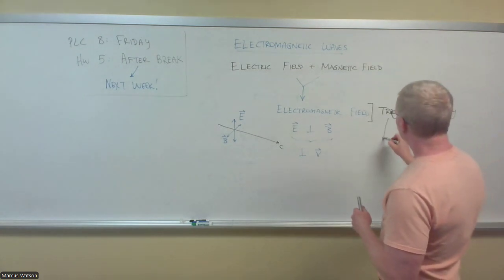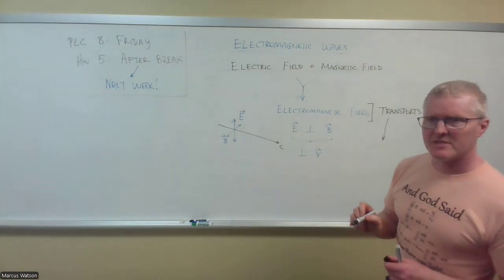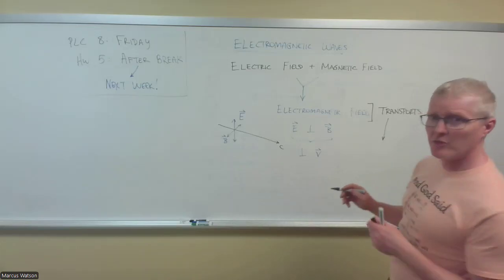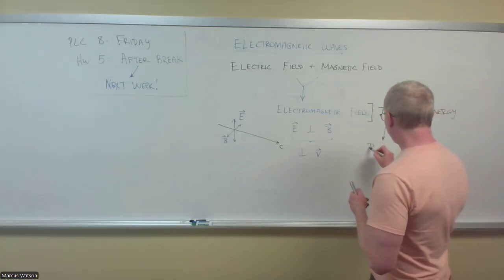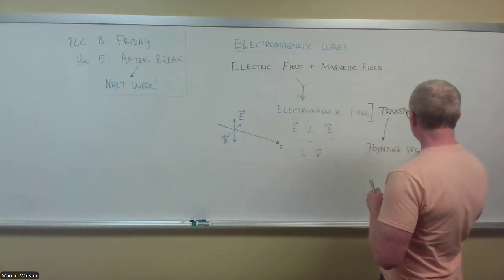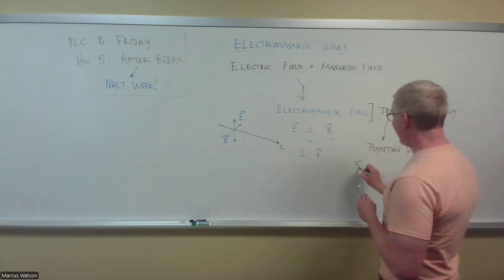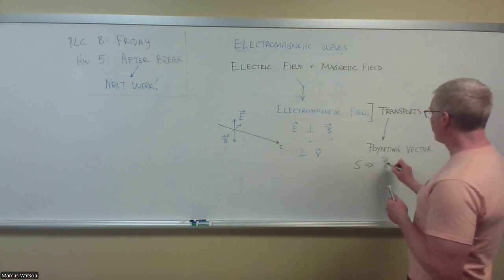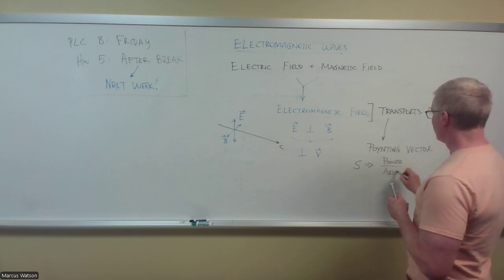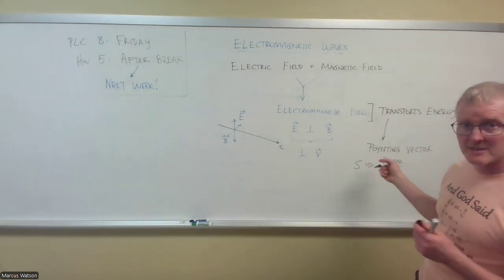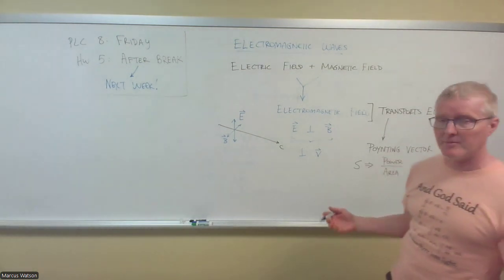And it was first discovered by a person by the name of John Henry Poynting. So we have what's called the Poynting vector, which is a really great name for it. The Poynting vector is S, and it tells us the amount of power per area. So it has the units of joules per second for the power, or watts, per area, so for example, per square meter.